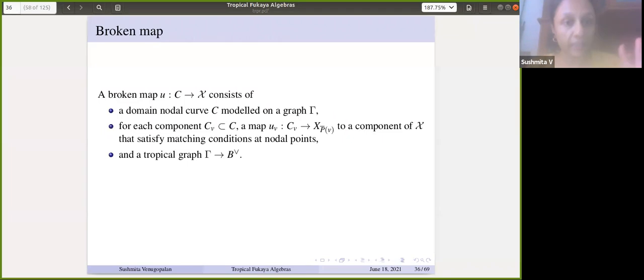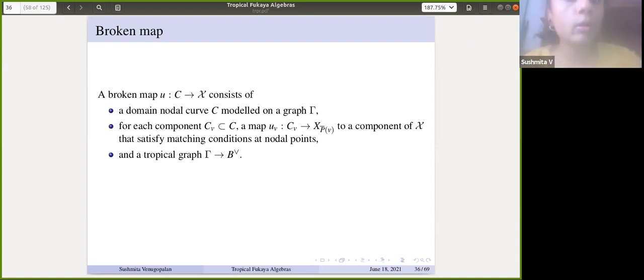Okay, so finally, getting back to what a broken map is. A broken map consists of a domain nodal curve modeled on a graph. And for each component, you have a map to a component of the broken manifold. And these maps satisfy some magic conditions at nodal points, which I'll describe next.